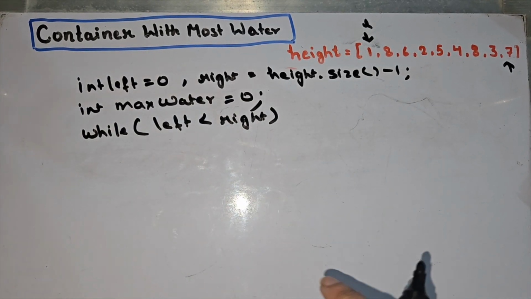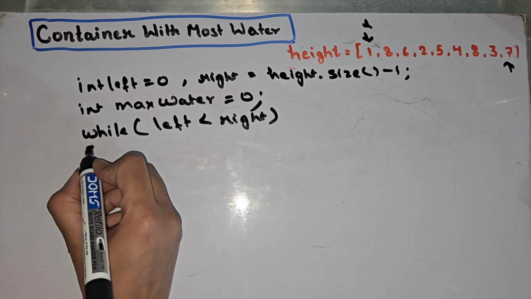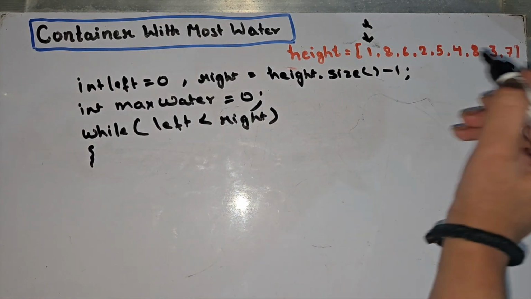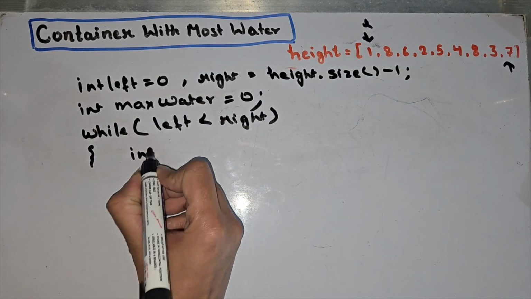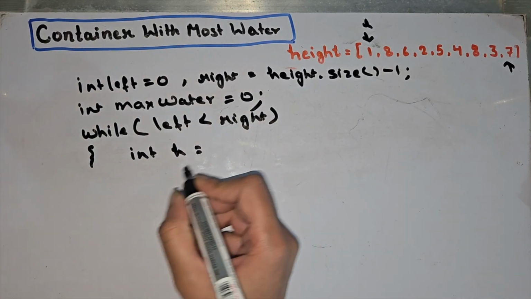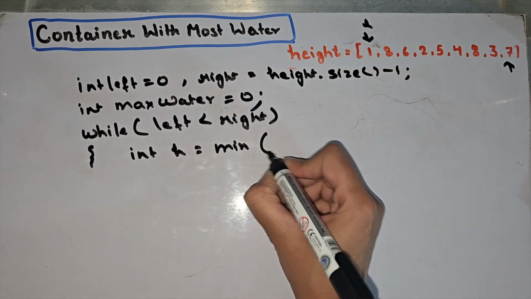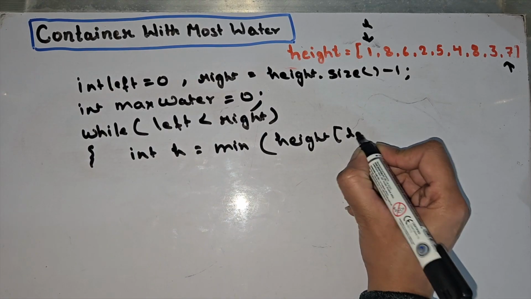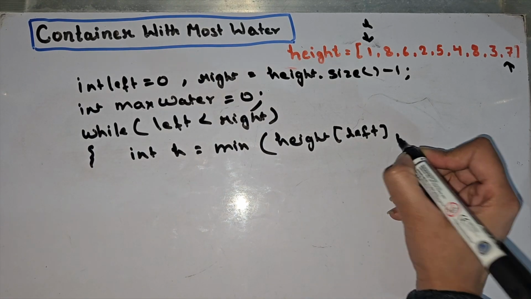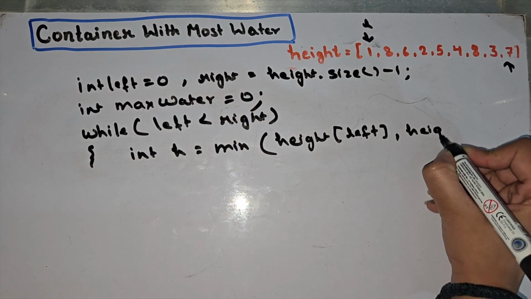And now we will pick a height from these two. The one which is minimum is the controlling height. So height h is equal to the minimum of height left and height right.